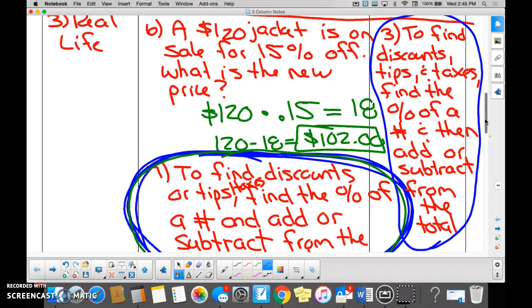To find discount, tickets, tax, find the percent of the number and add or subtract from the total. So you're going to add if it's a tip or a tax or an increase. You're going to subtract if it's a discount or a sale or a decrease, right?